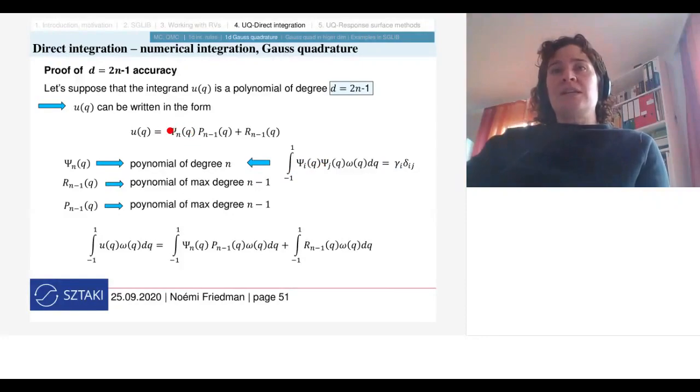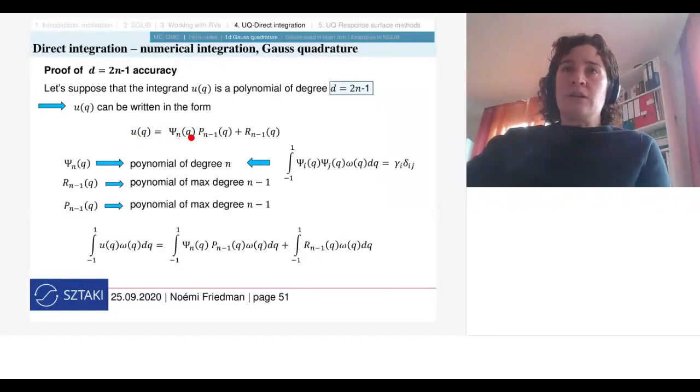So if I put here the n degree polynomial of this set of orthogonal polynomials, then I can write u of q by dividing u of q by this polynomial. By dividing it with the polynomial, I get an n minus 1 degree polynomial and a remaining part, which is also a polynomial of maximum degree n minus 1.